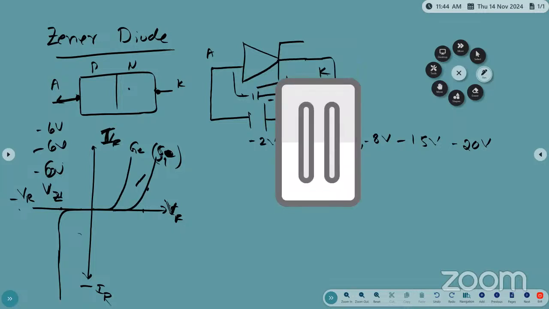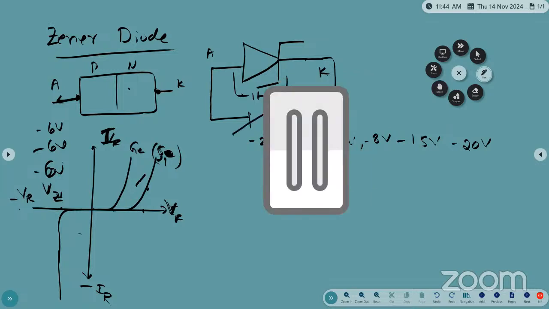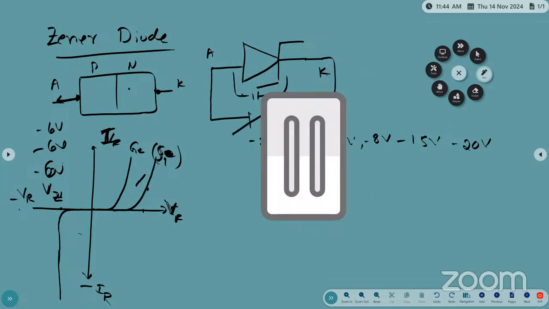For example, I am taking minus 6 volt only. If you increase the reverse voltage, still it will give minus 6 volts only. What do you observe from this? As the reverse voltage increases, the voltage across the Zener diode is constant.